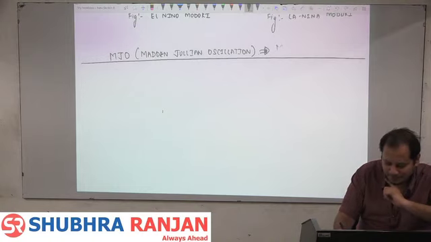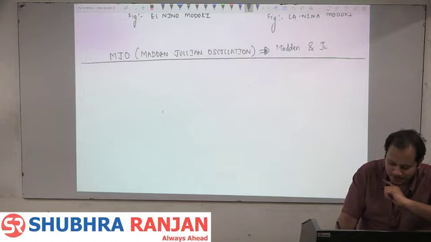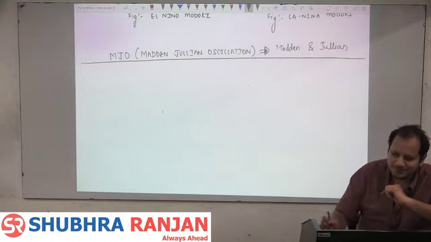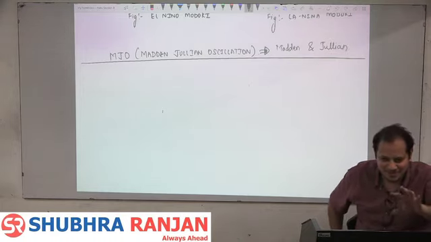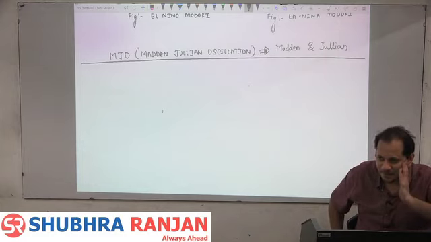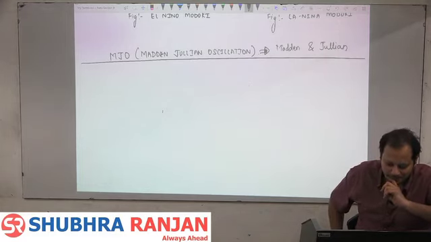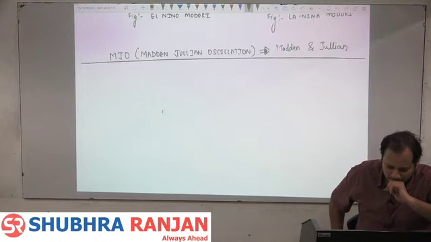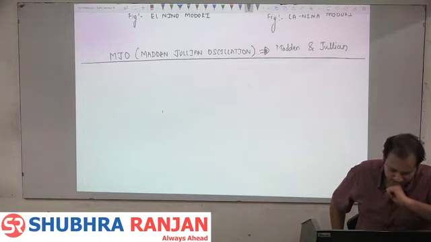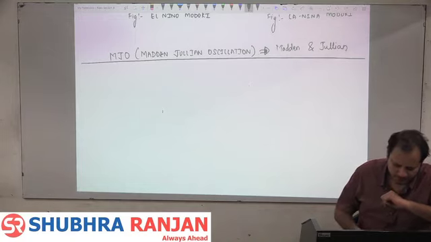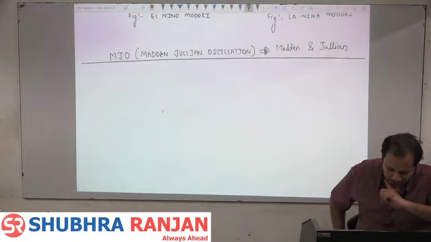Discovered by Madden and Julian. Therefore, the Madden-Julian oscillation is named after two scientists. Next, it is an ocean-atmosphere coupled phenomenon.